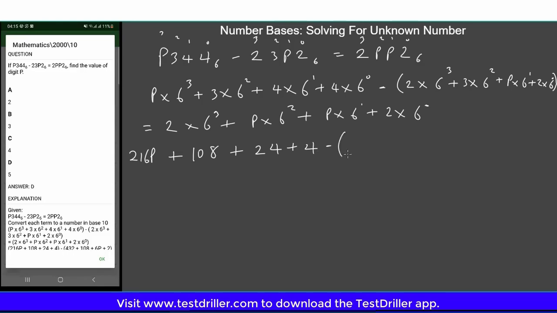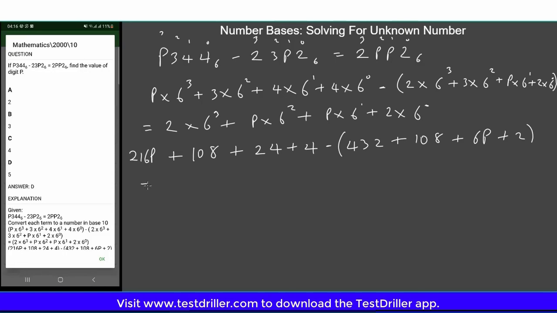Then you're going to subtract 6 raised to the power of 3, which gives you 216, and 216 times 2 will give you 432, plus 3 times 6 raised to the power of 2, which is 3 times 36, and that will give you 108. Then you have plus 6P, then plus 2.